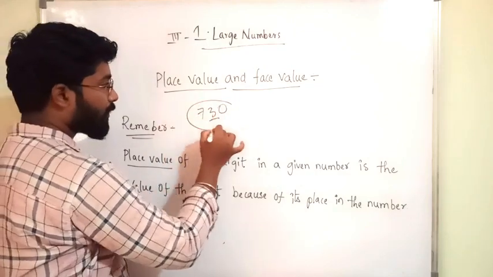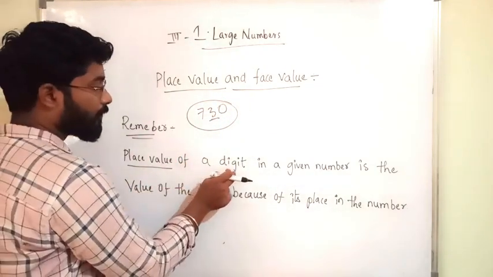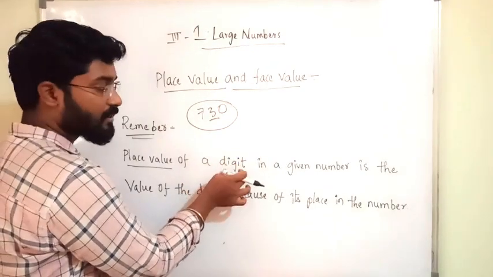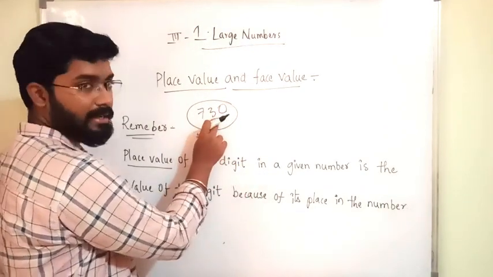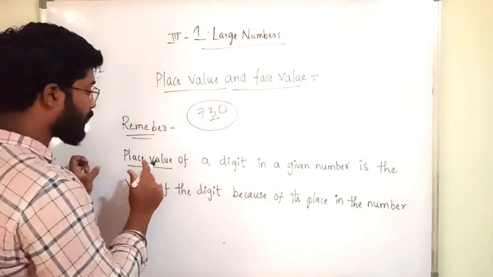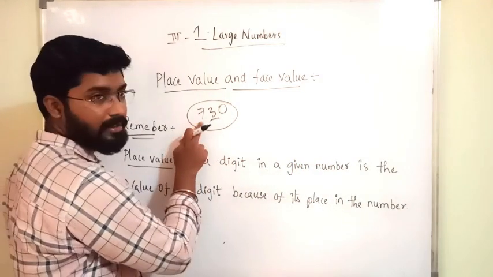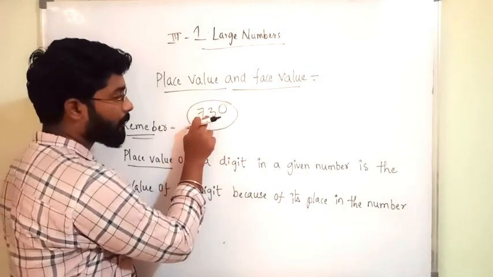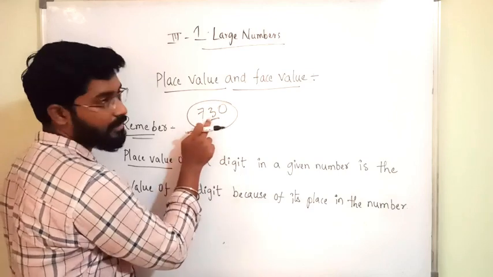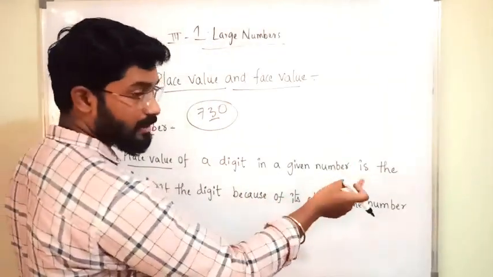The given number is 730. In that I want the place value of 3. So the digit is 3 only, no? Is the value of the digit because of its place in the number.